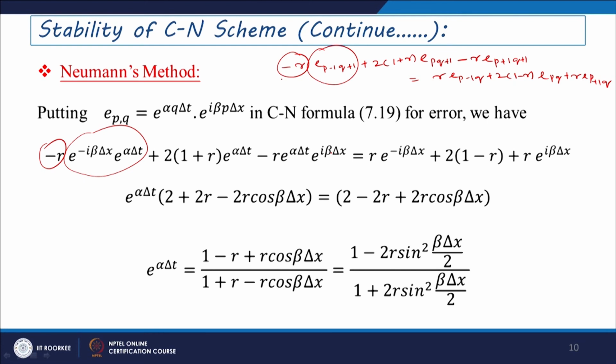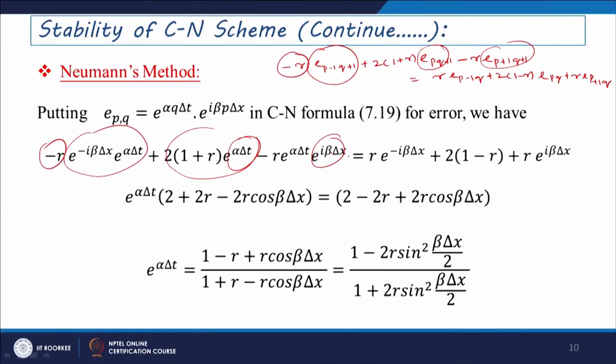And if you take this term for e of p, q plus 1, it is taken in the form of e to the power alpha del t here. Similarly, if you take this coefficient for e of p plus 1, q plus 1, after cancelling the left hand side coefficients and right hand side coefficients, the sum of the coefficients of r, this term will be reduced to e to the power i beta delta x.